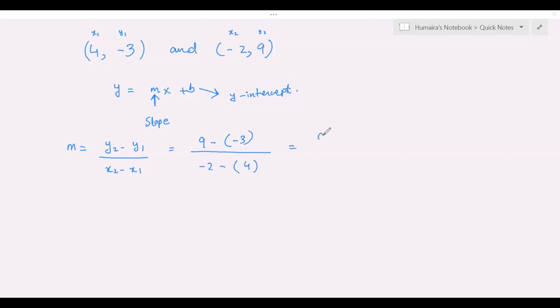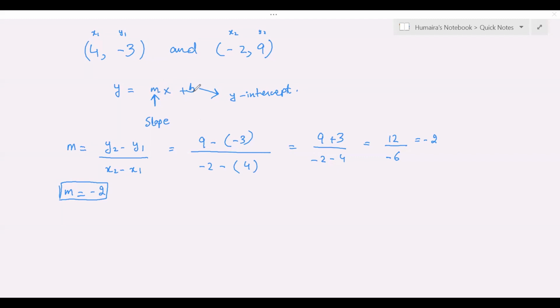So 9 plus 3 over negative 2 minus 4, which gives us 12 over minus 6. That means we have negative 2. So m equals negative 2. Any doubts? Okay, so that's the slope that we will put here. So we are done with the slope.